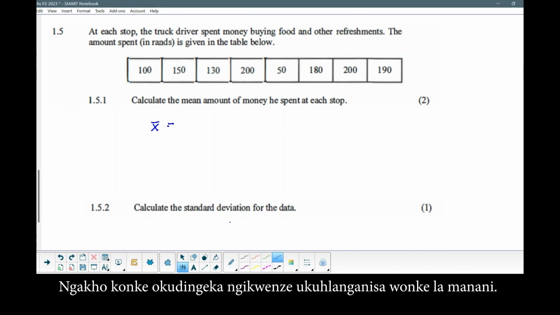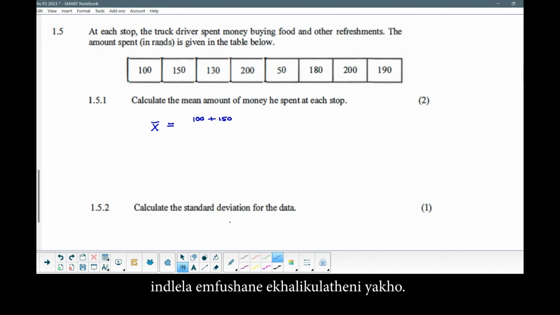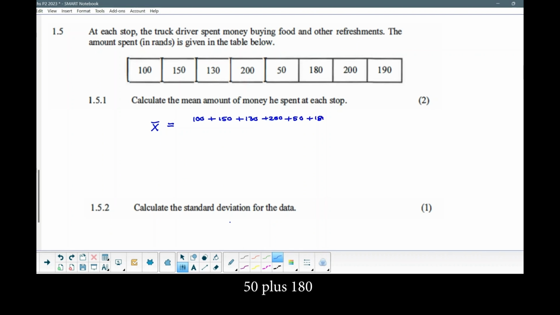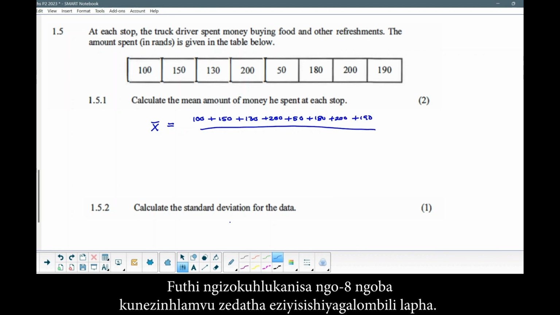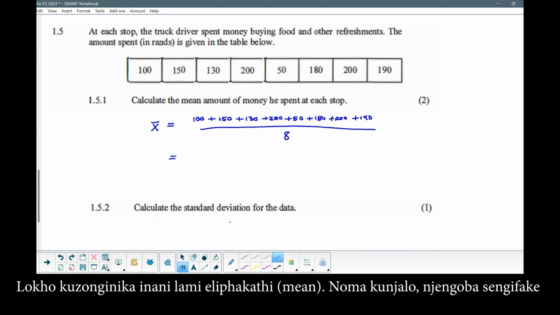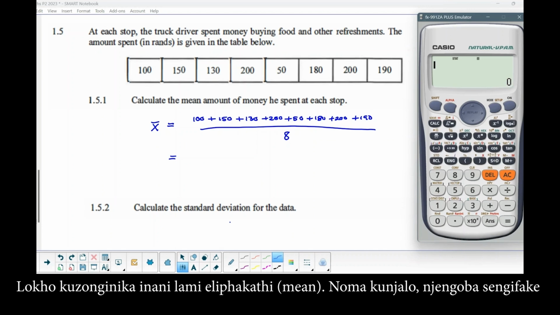So all I have to do is add up all these numbers. I'm going to show you a shortcut shortly on your calculator. So I'm adding all of this up, plus 50, plus 180, plus 200, plus 190. And I'm going to divide that by 8 because there's 8 data elements in here. And that's going to give me my mean.